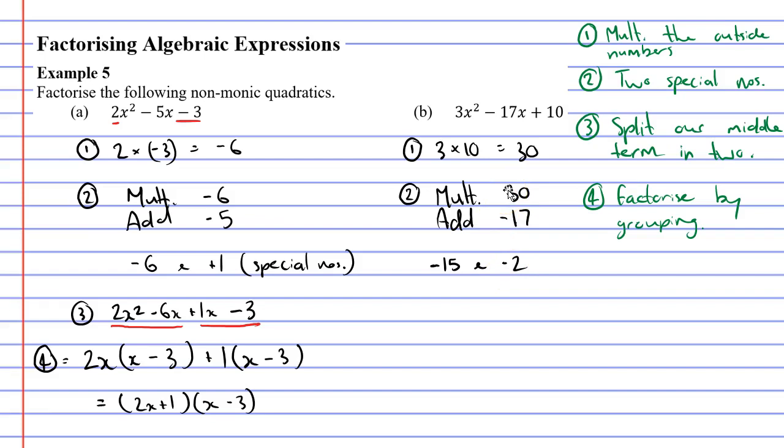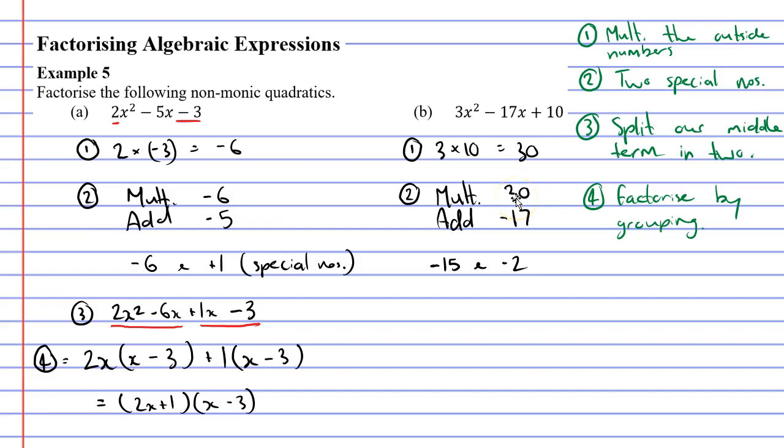Now, in case you're wondering how I figured out those 2 numbers so quickly, well, for one thing, I've had a lot of practice doing this. And the other thing is, I always focus on the multiplication part first. I think to myself, what numbers multiply to make 30? Well, 5 times 6 makes 30, 15 times 2 makes 30.